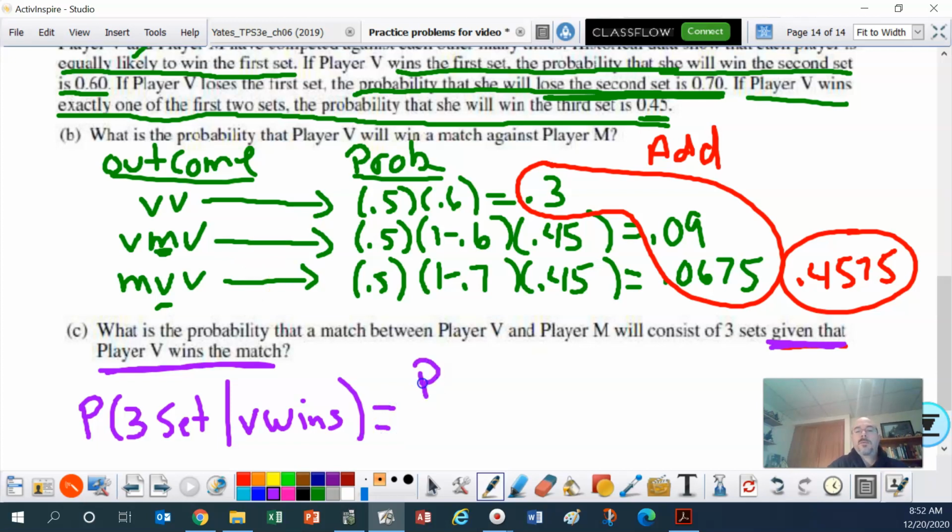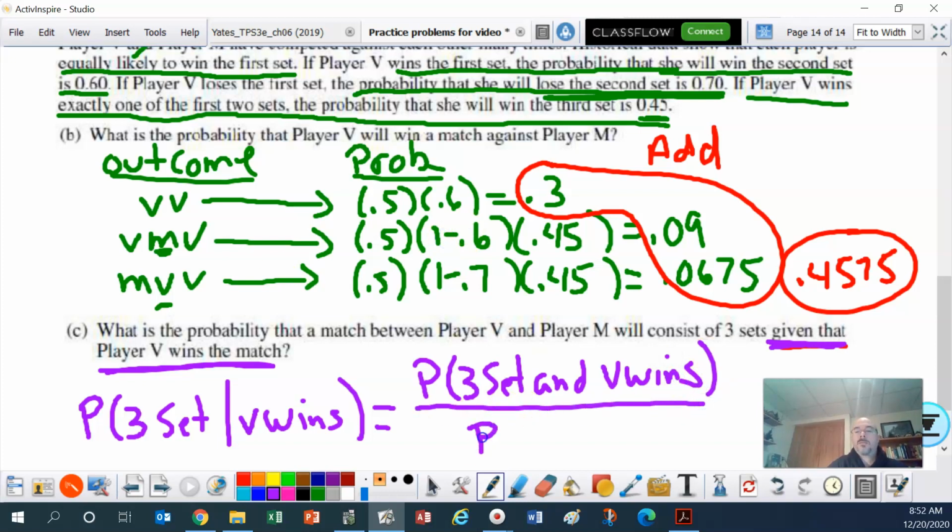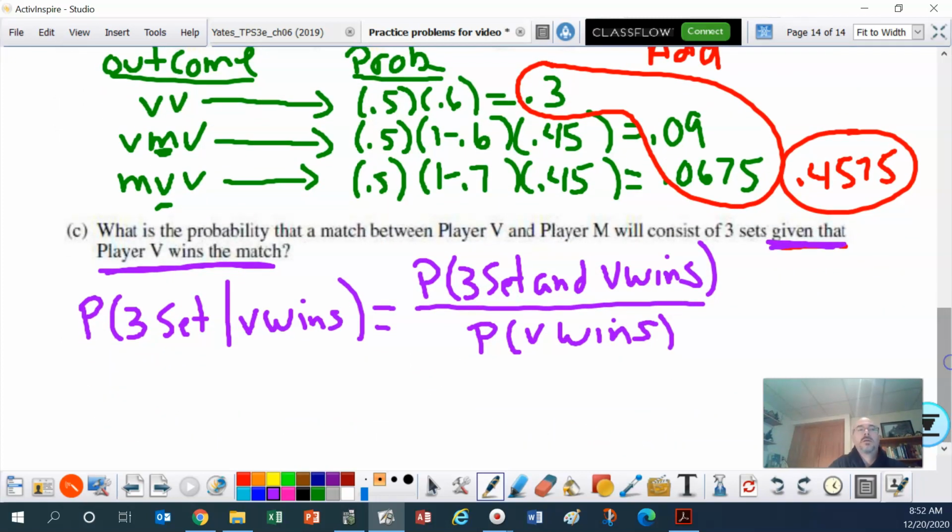Well, that's the probability of 3 sets and V wins, given the probability that V wins. Oh, we're going to have to use the answer we got in this last problem, aren't we?